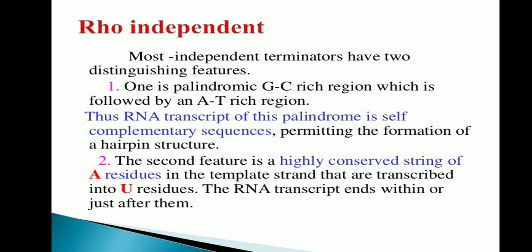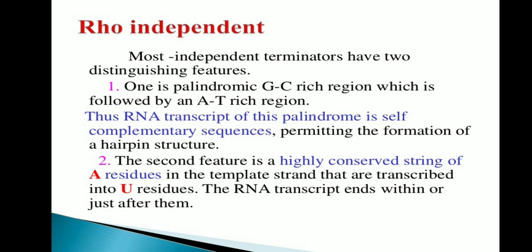Another kind of termination of transcription is rho independent, right? Rho independent terminators have two distinguishing features. One is a palindromic guanine cytosine rich sequence, which is followed by adenine thymine rich regions. The RNA transcript of this palindrome is a self complementary sequence, permitting the formation of a hairpin like structure.